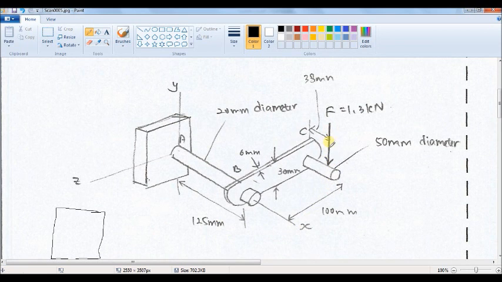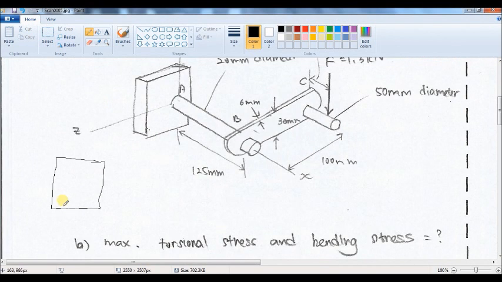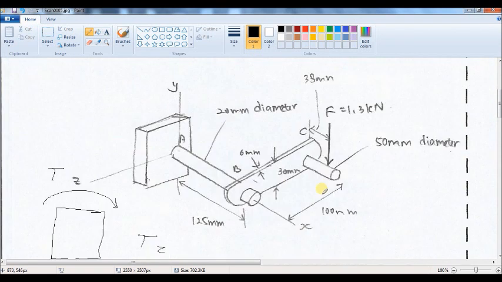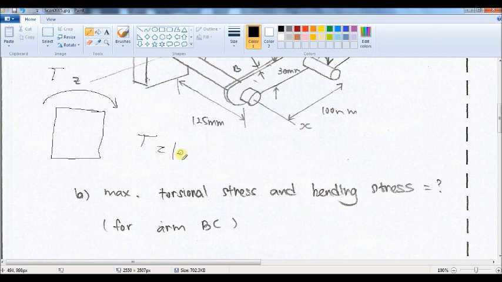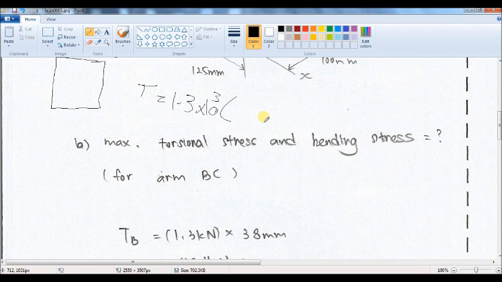As you can see, this load F is at a distance from arm BC equal to, if I'm not mistaken, 38 millimeter. So there is a torque here acting on this cross section, right? That equals 1.3 kilonewton times the distance, which is 33 millimeter, I will convert it to the meter.